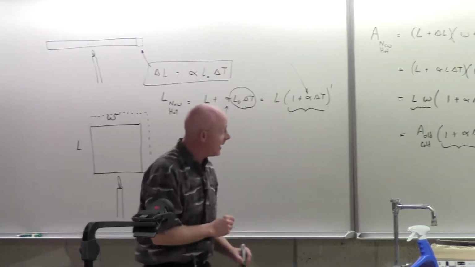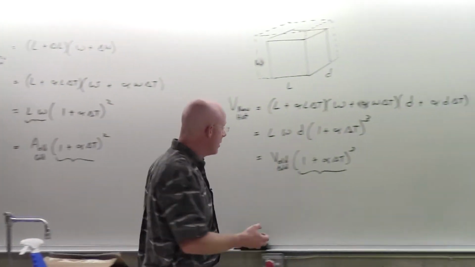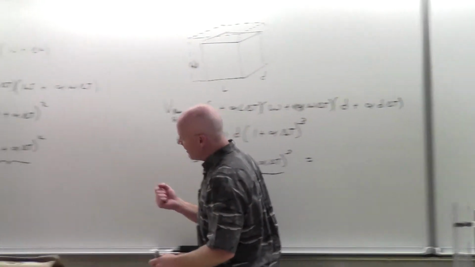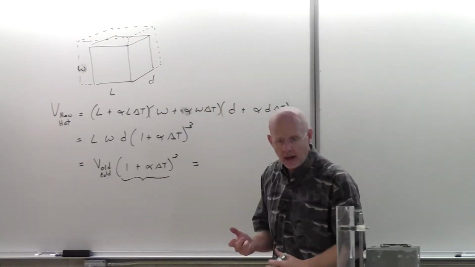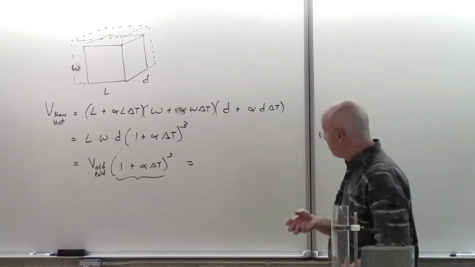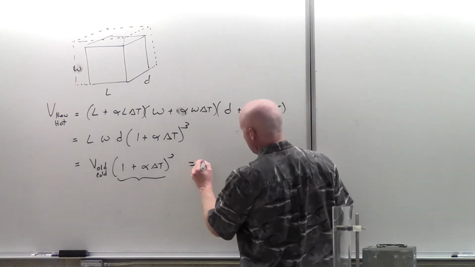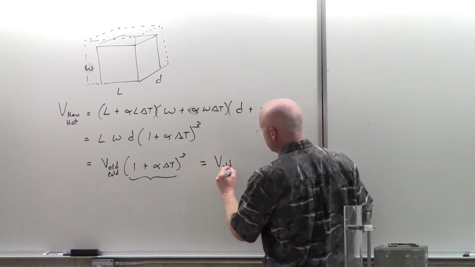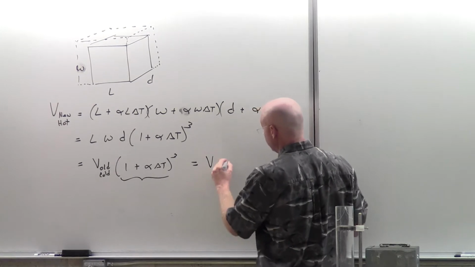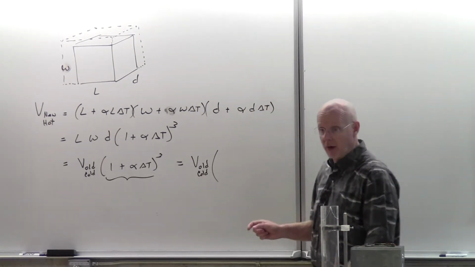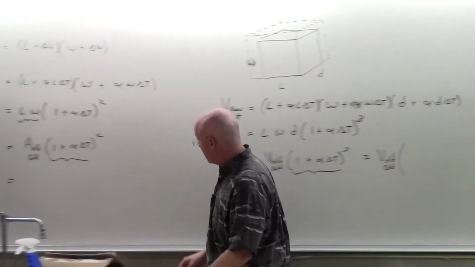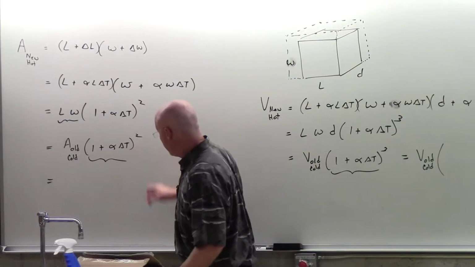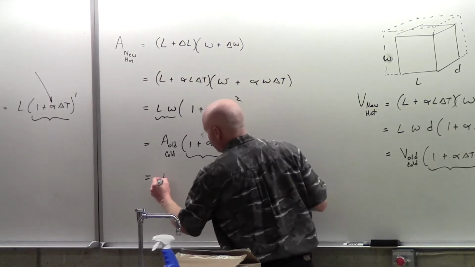Now the reason I point that out is we'll do the same thing when it comes to volume. We'll do the same thing when it comes to area, but we do it more with volume than we do with area. But whether it's area or volume, watch this. What if I were to take the old or the cold volume and then multiply that out? What is a binomial cubed? What is a binomial squared? Well, I guess this would be old area.